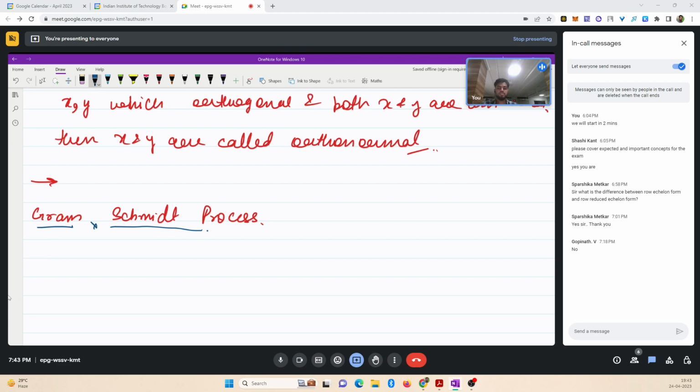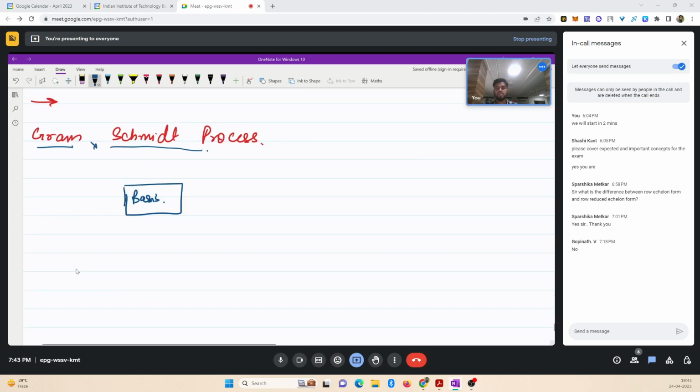What this process does is, if you have a basis, then it's well and good, or if you have a set of linearly independent vectors, then if you do Gram-Schmidt's process, you obtain a set of orthogonal vectors.